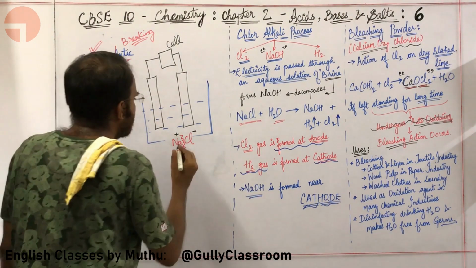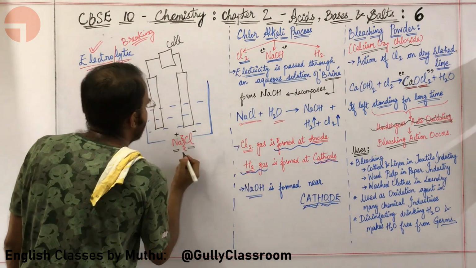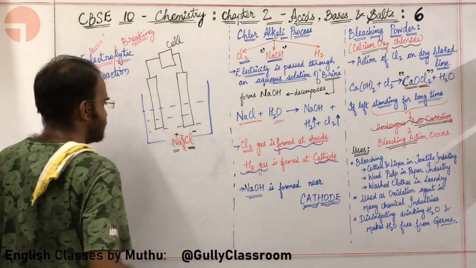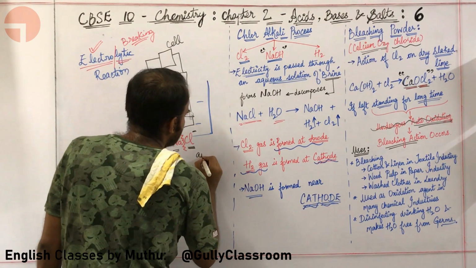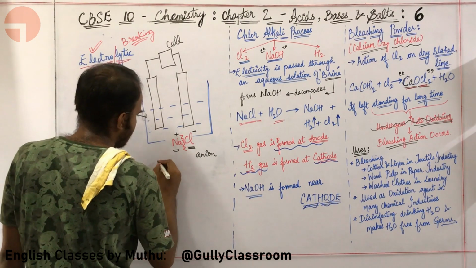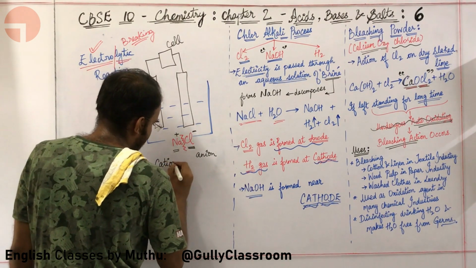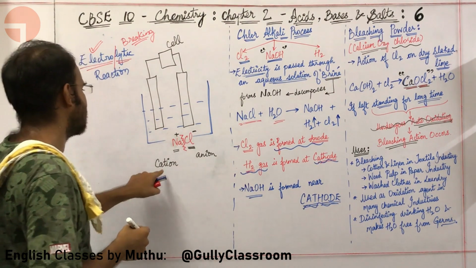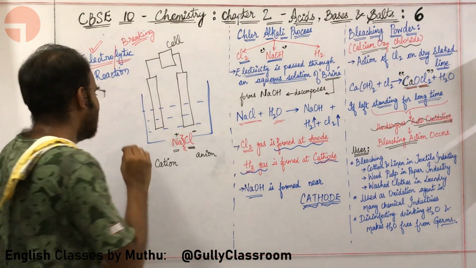Cl minus ion is called the chloride ion. We have already seen that a negative ion is called an anion and a positive ion is called a cation.